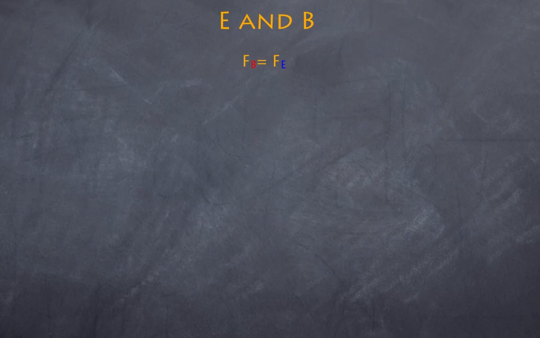So first of all, we know that we have the force due to the electric field and the magnetic field being equal. Now we know that the force due to the magnetic field is equal to QVB. We also know that the force due to the electric field, which we've already established, is simply equal to EQ.